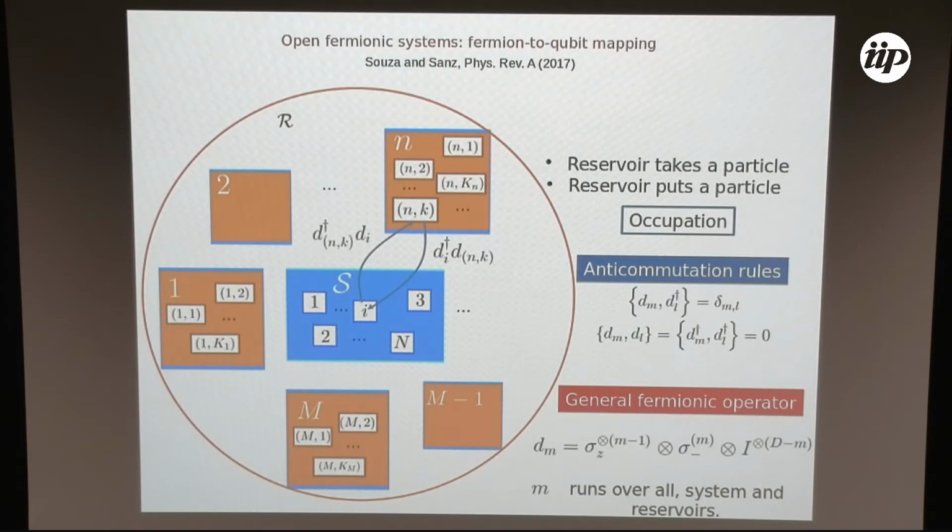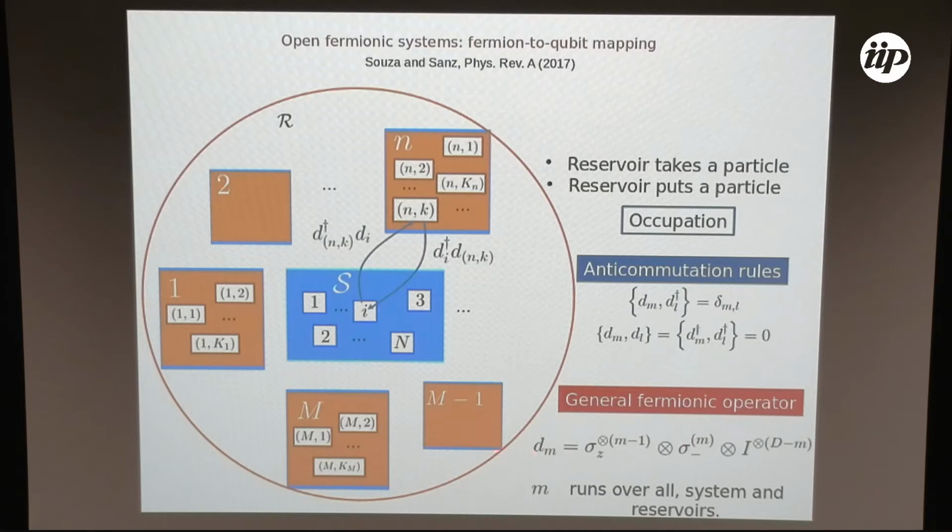So in order to describe that, we should remember to use these anti-commutation rules, because now we are dealing with fermionic particles, right? And we expand each state of the system in terms of Jordan-Wigner decomposition. Okay?